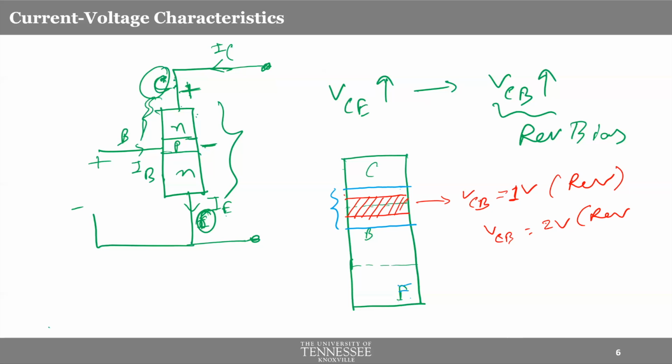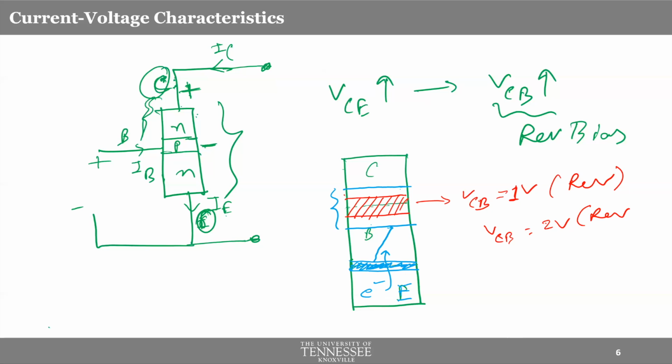So in an NPN BJT, by the way, this junction is forward biased all the time, so you have a thinner depletion layer width. Now in a BJT, what ideally happens is electrons from the emitter go inside the base, and then they diffuse gradually towards the base collector junction.